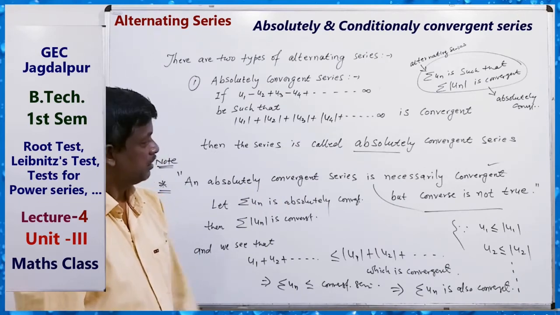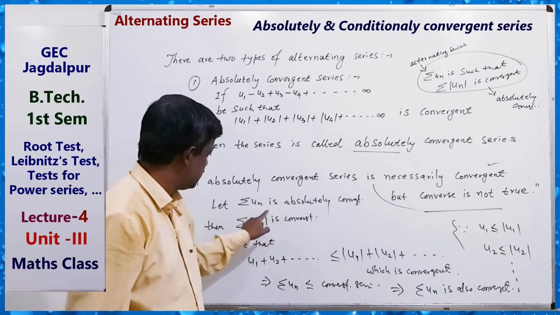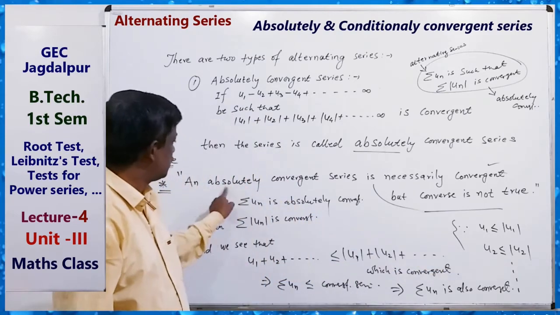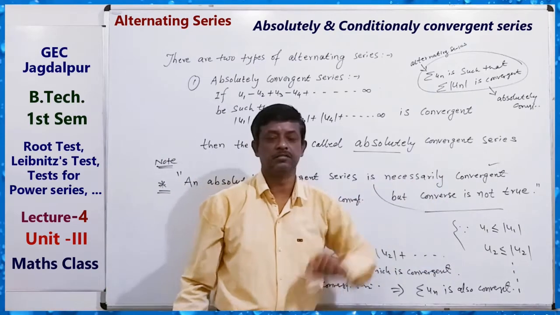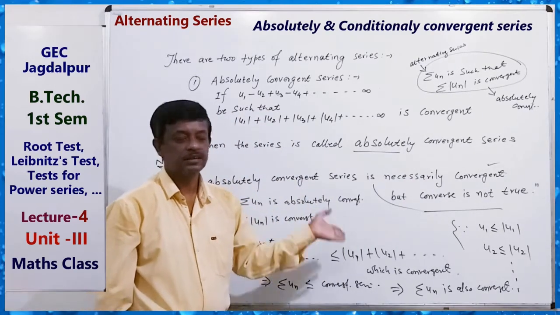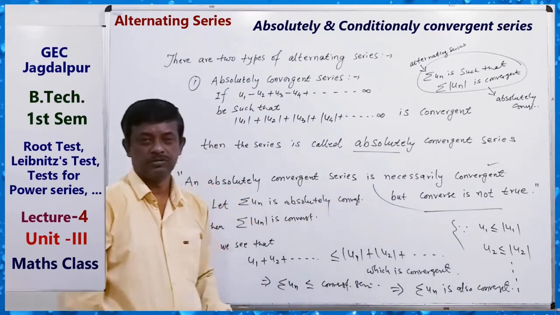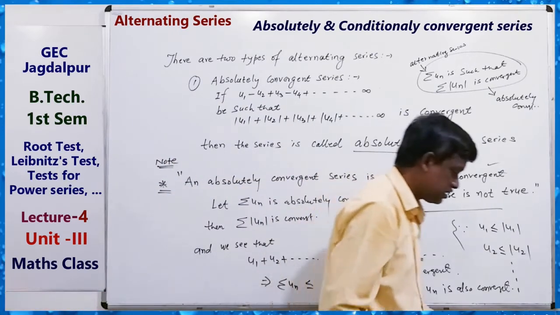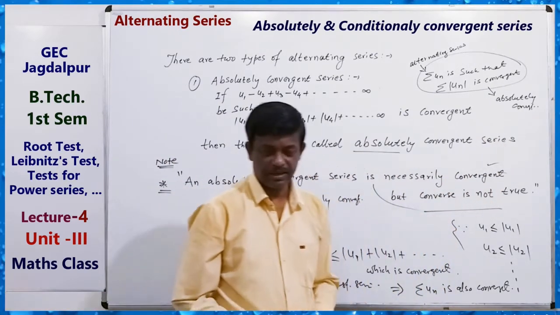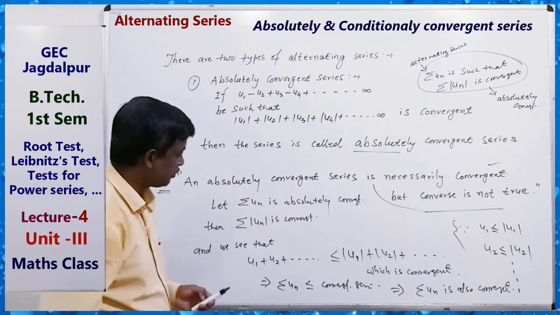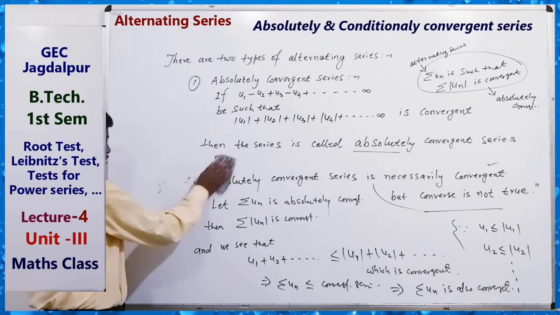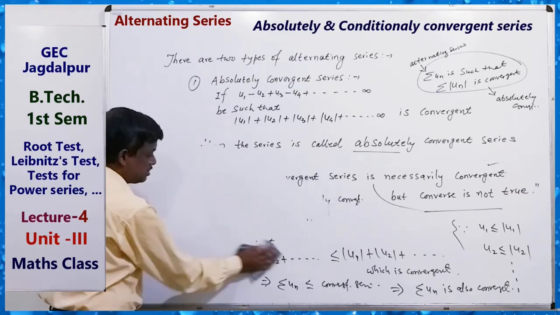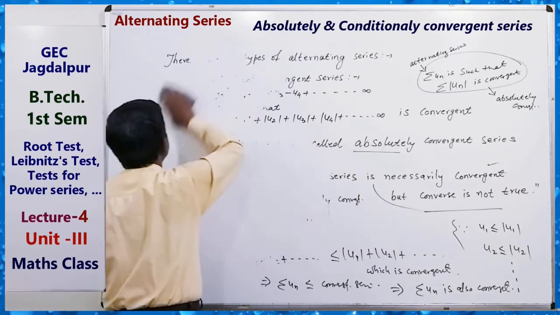So if a series is absolutely convergent, the series is convergent. An absolutely convergent series is necessarily convergent, but the converse is not true. You can show this by taking an example; we will solve some questions in which you can see that the converse is not true.